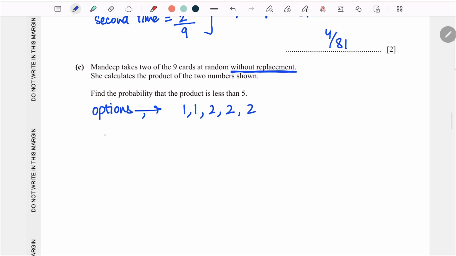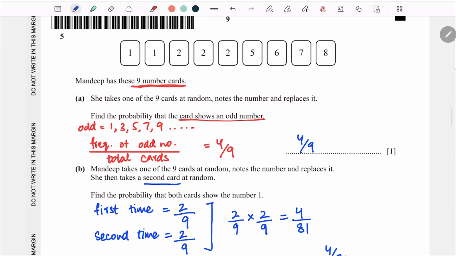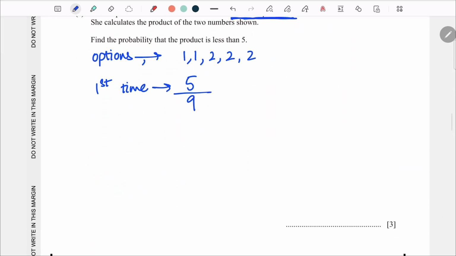Then the first time that she picks the card, these are 1, 2, 3, 4, 5. So the probability is going to be 5 divided by total number of cards. The total number of cards were 9.